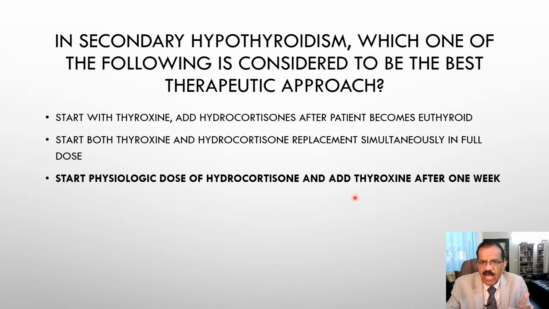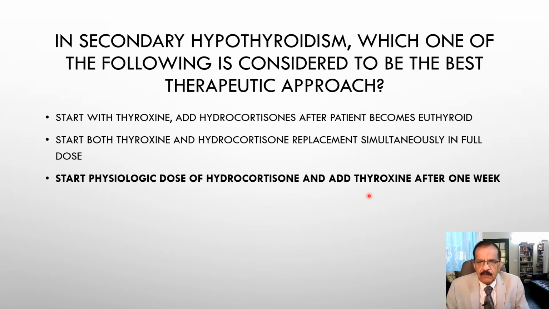Thyroxine should wait. Why? Because if you start thyroxine, especially before hydrocortisone, this is going to increase the relative deficiency of cortisone and the patient may actually go into Addisonian crisis. So the recommended approach, if you have to replace both, is to start with hydrocortisone at a physiological dose, which is 20 to 30 milligrams divided into two doses, 2/3 in the morning and 1/3 in the late afternoon.